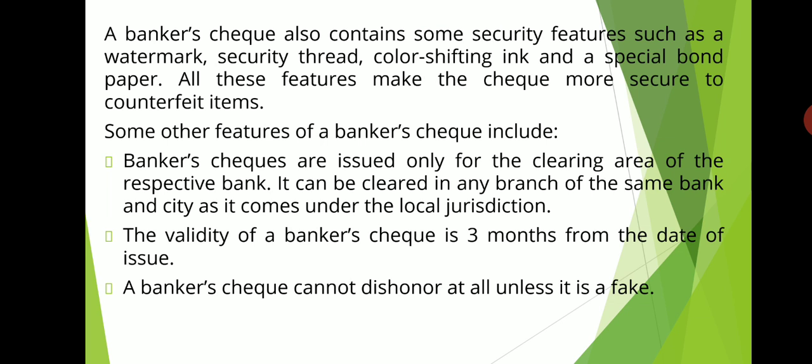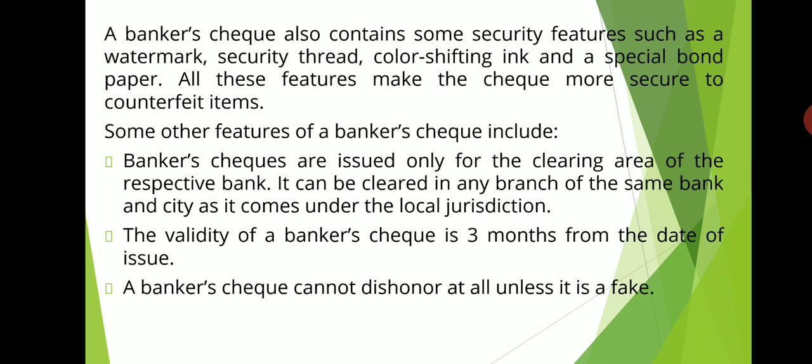A banker's check also contains some security features such as a watermark, security thread, color shifting ink, and a special bond paper. All these features make the check more secure.